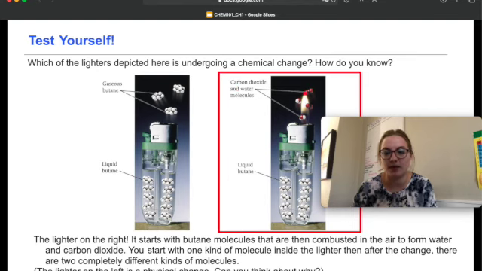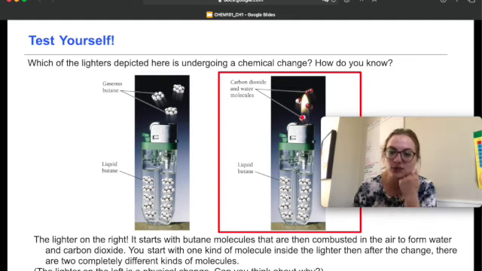So here's my carbon dioxide, 1 black carbon, 2 red oxygens, and a couple of water molecules. So 1 red oxygen, 2 white hydrogens there. So it's getting some oxygen from the air, and clearly it's not the same molecules that started at the bottom of my lighter, right? So at the bottom of my lighter here, I have something entirely different than what's at the end here.